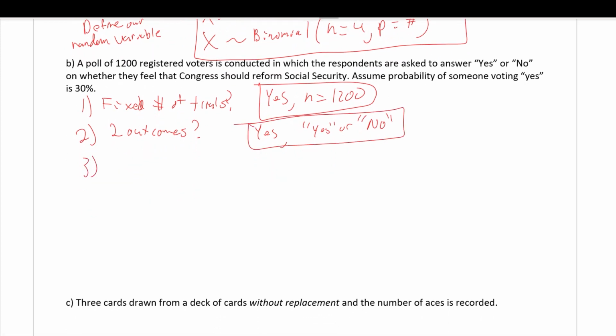Now, do we have independent trials? Okay. Now, again, there could be some arguments made that they are not independent, that they might be dependent. As long as you poll correctly, which means you randomly select people.